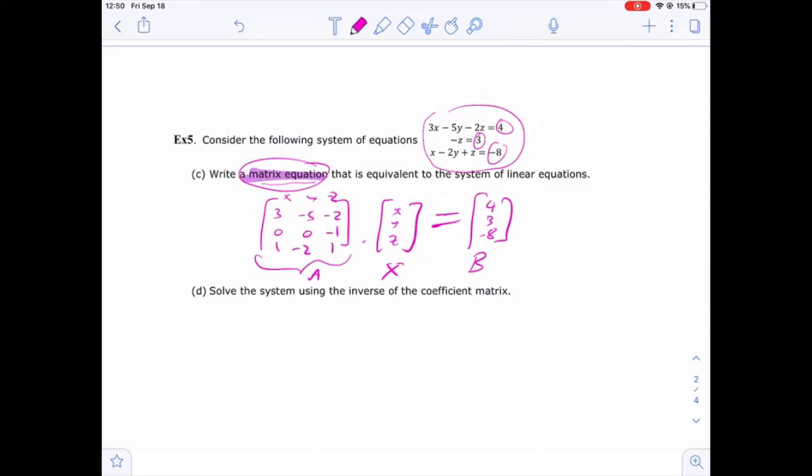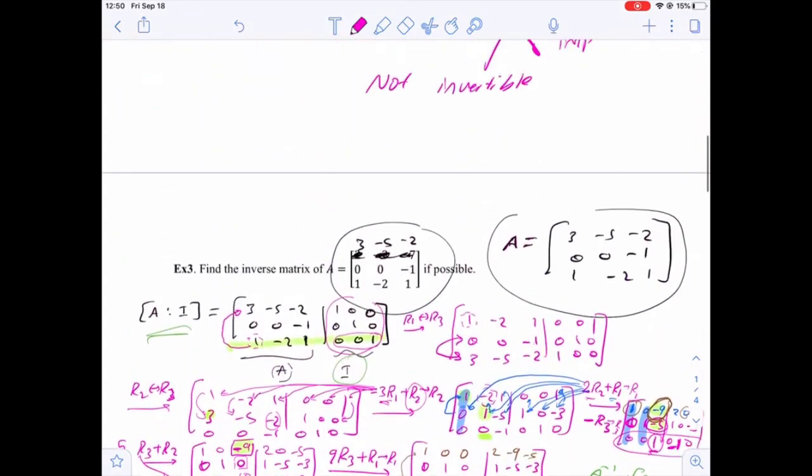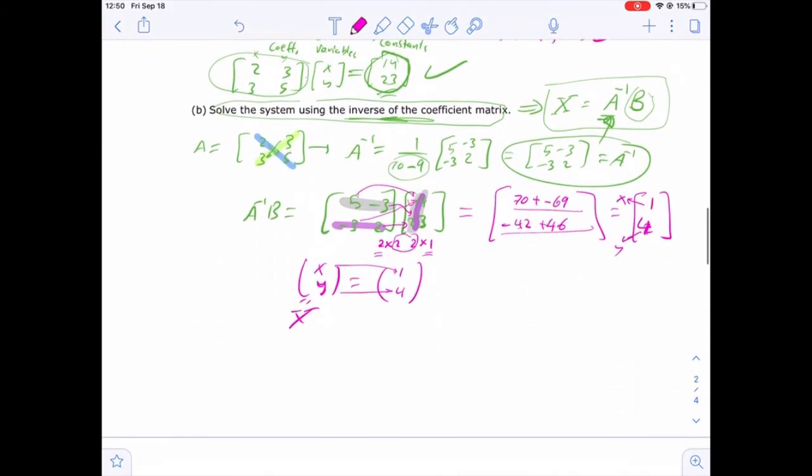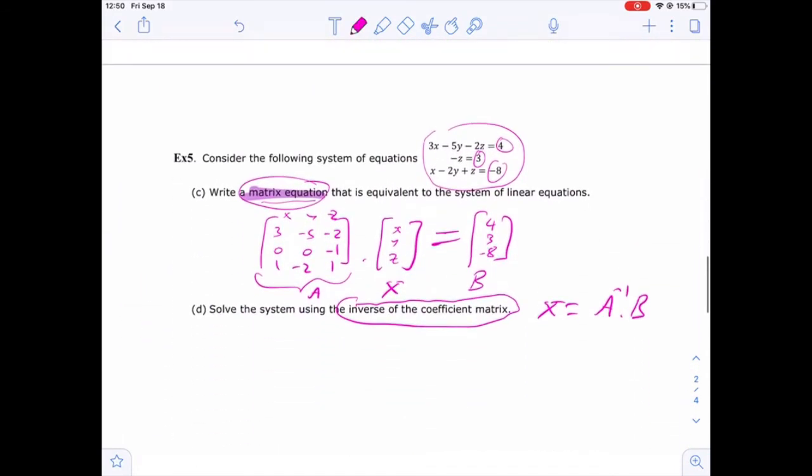Now we want to solve this system using the inverse of the coefficient matrix. That means we want to find A inverse and then multiply it by B. But we already did that in the previous example, because this is the same as A. So here we have A. What is the inverse from the above example?